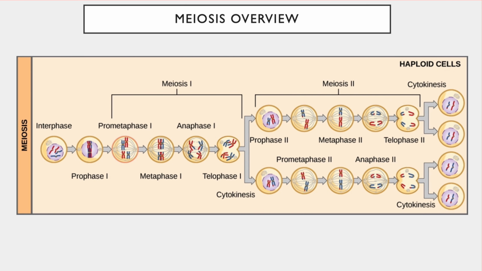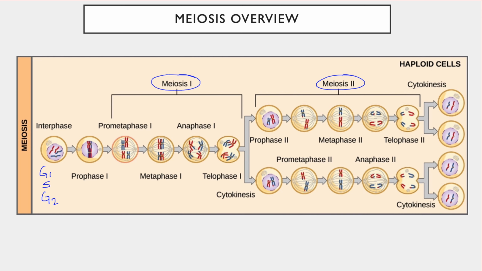Let's do an overview of meiosis. Meiosis occurs in two cell divisions, meiosis 1 and meiosis 2. During interphase, the germ cell will go through G1, S, and G2, and then enter into the stages of meiosis.